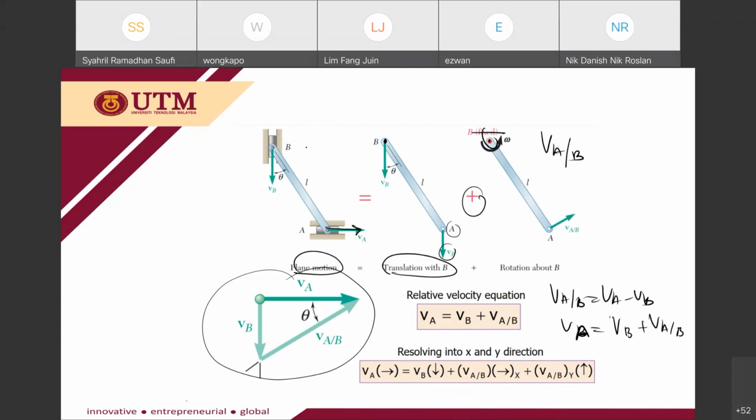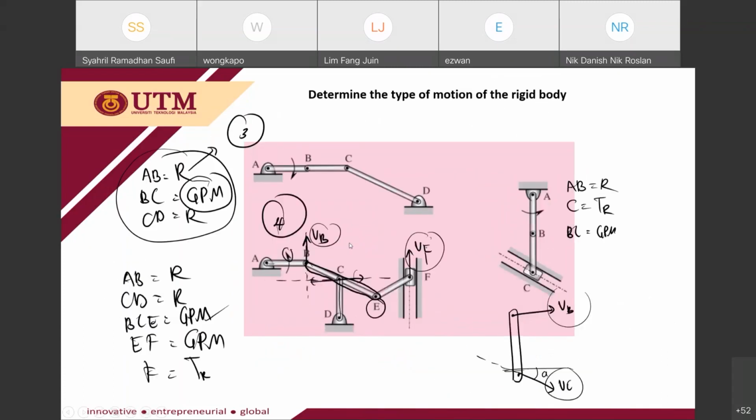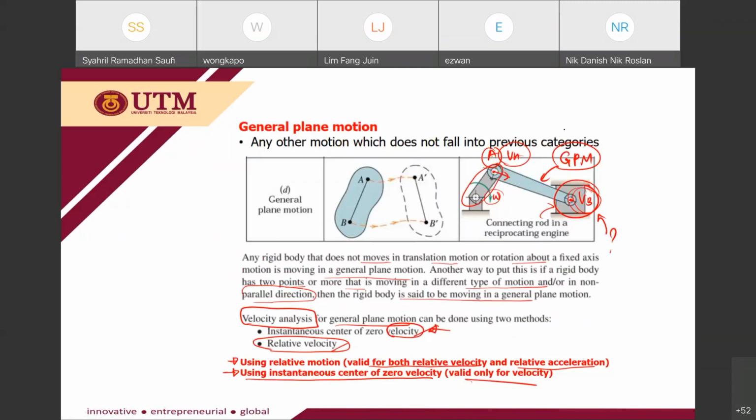Like I mentioned previously, you have VA. This VA can be determined from the rotation of this arm. And then how do you determine this VB? You need to use this relative analysis.